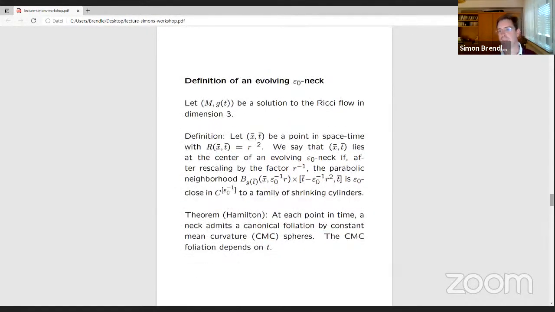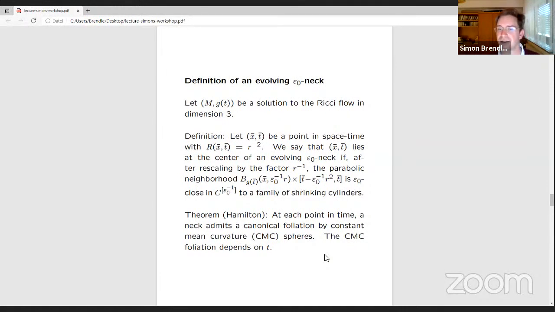Okay, now let's make this symmetry improvement principle more precise. So now instead of working on an exact cylindrical background, let's work on a neck. Let's say we're in dimension 3, then an epsilon-0 neck. Here's the definition.